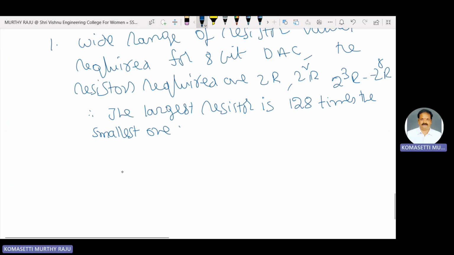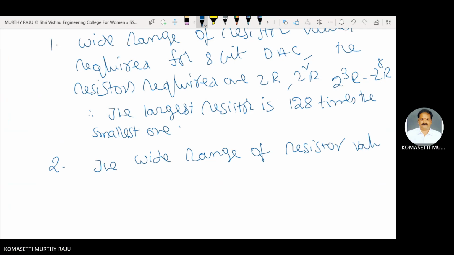The wide range of resistor values has restrictions on both higher and lower ends.